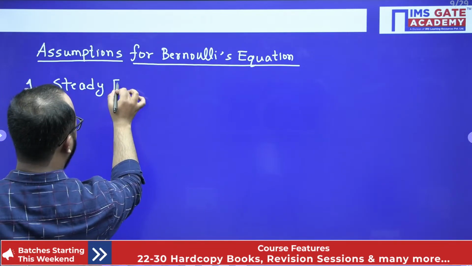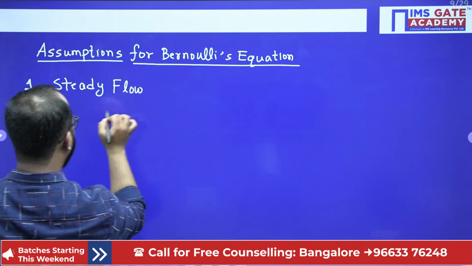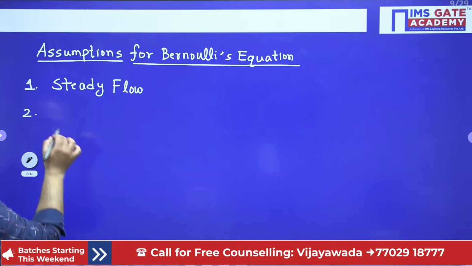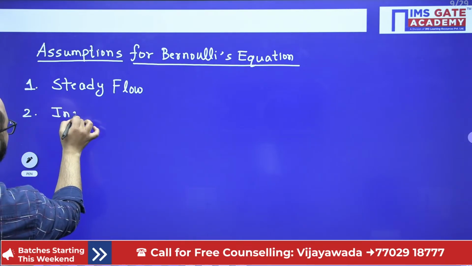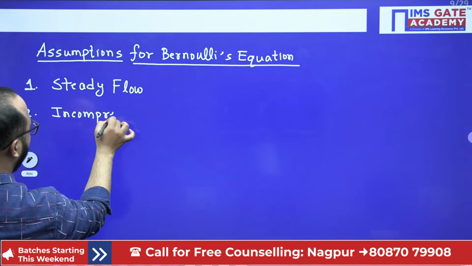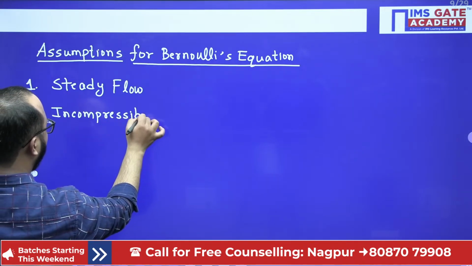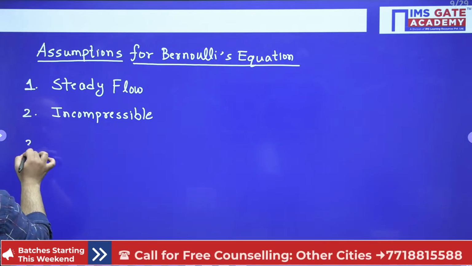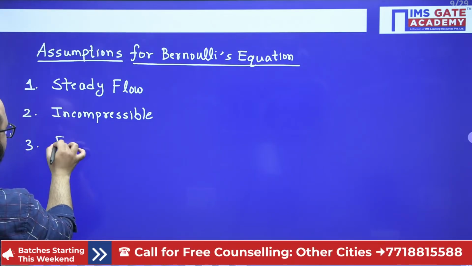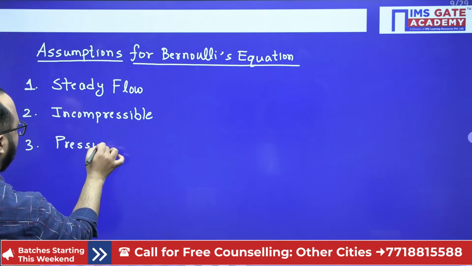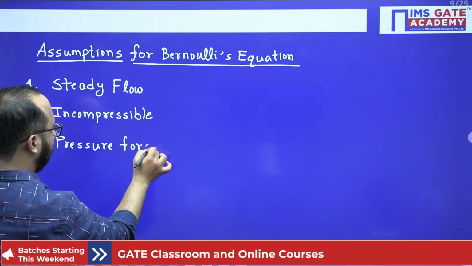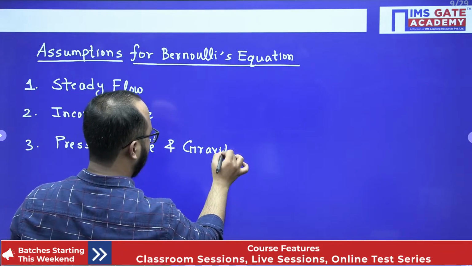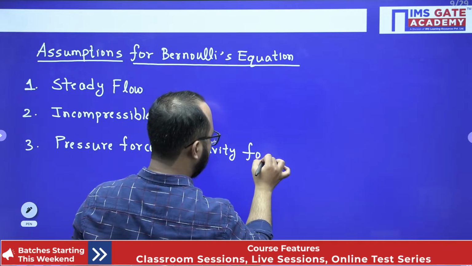Steady flow. Second, incompressible, which means we have assumed the density to be constant. And obviously, the forces we have considered are the pressure forces and gravity forces.